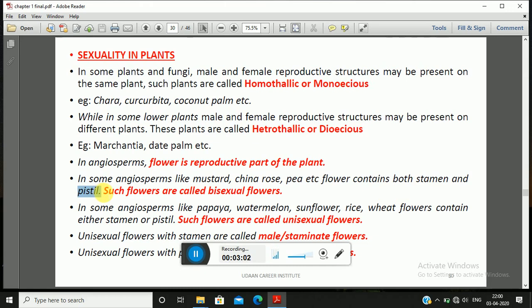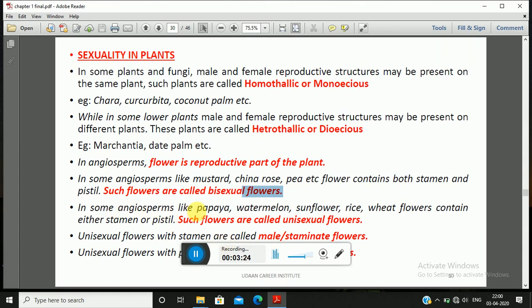Stamen is the androecium and pistil is the gynoecium. When both stamen and pistil are present in the same flower, such flowers are known as bisexual flowers.